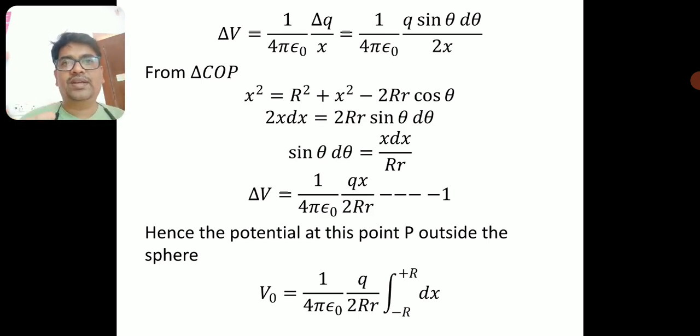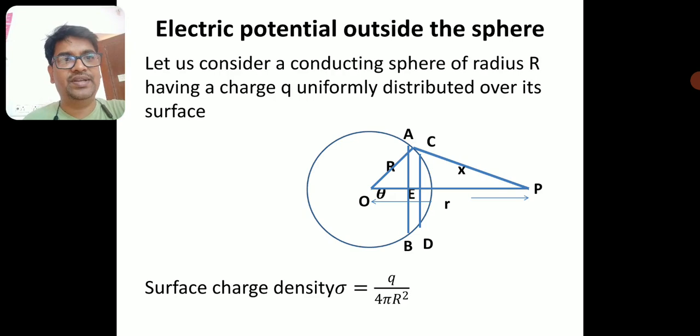Now after finding the potential due to the annular ring, I'll extend this case to a whole sphere. Now I am integrating this between the limits minus r to plus r, so I am considering a whole sphere. How am I choosing the limit of integration? From one end of the sphere to the other end.